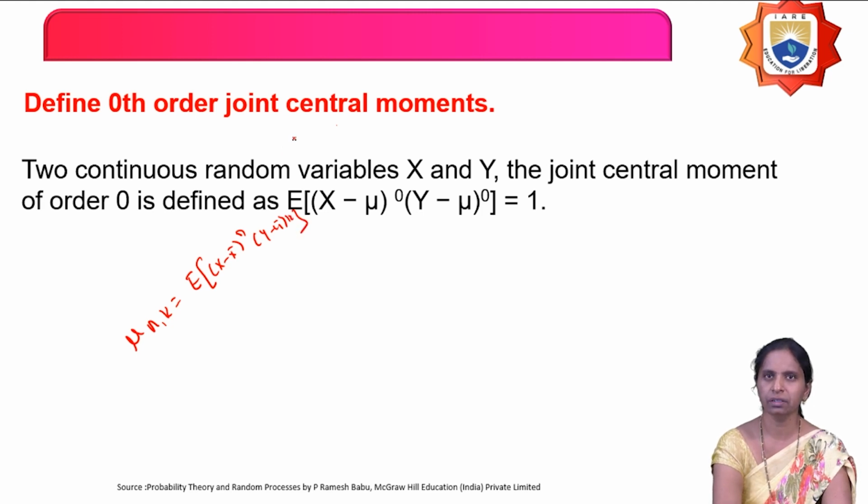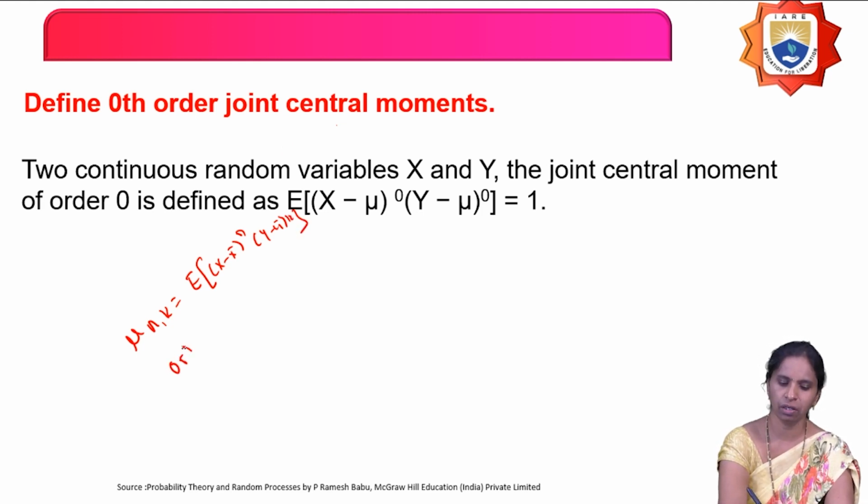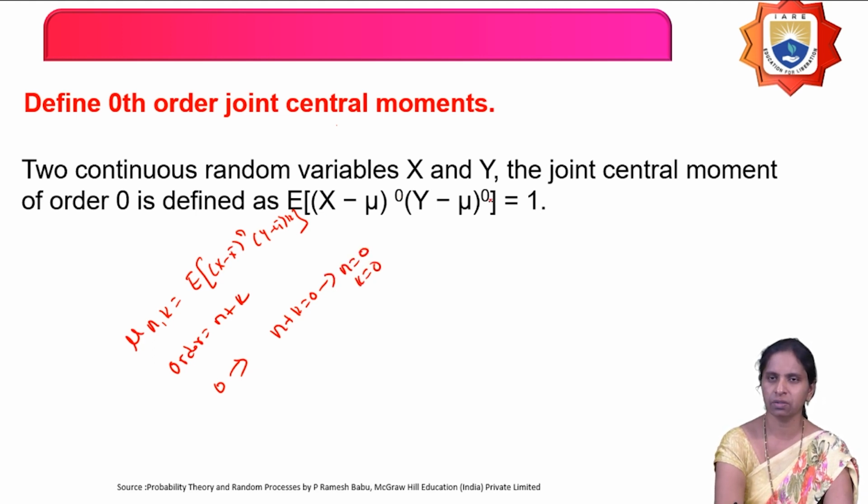Zeroth order: what is order here? Order equals n plus k. So zeroth order means n plus k equals 0. It means n value 0, k value 0. If you substitute n equals 0 and k equals 0, you will get expectation of 1. What is the expectation of 1? 1. Therefore, the zeroth order joint central moment is equal to unity.